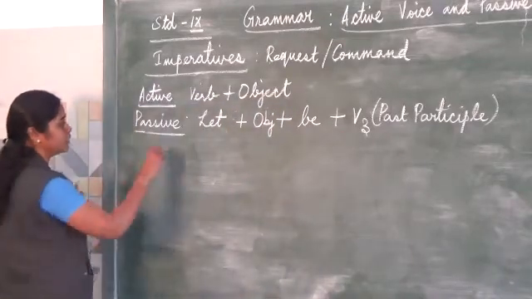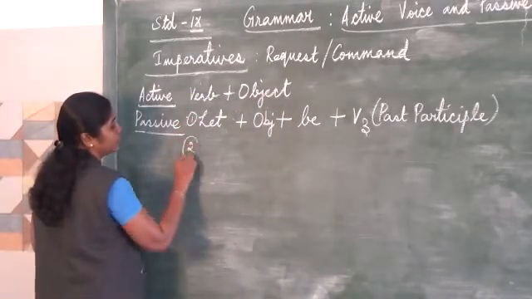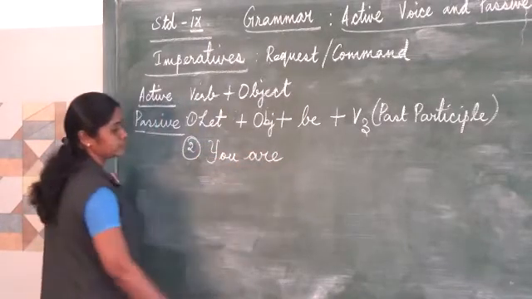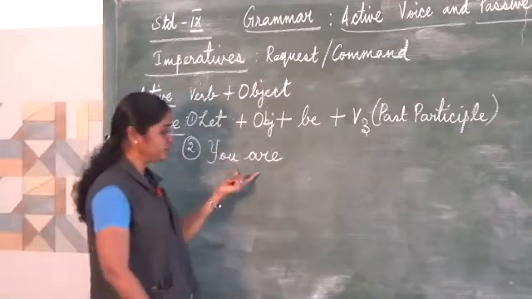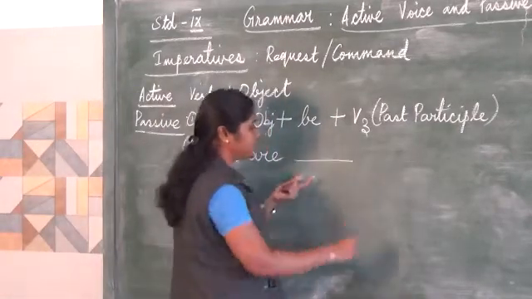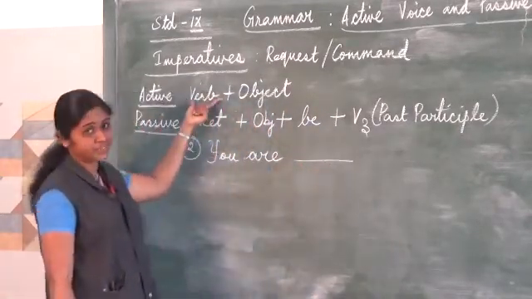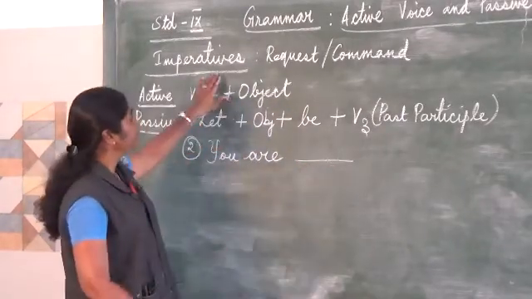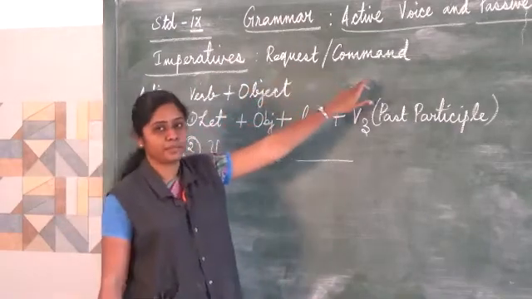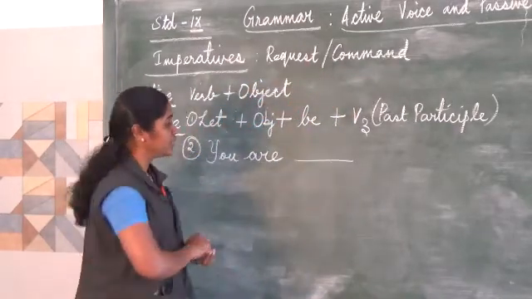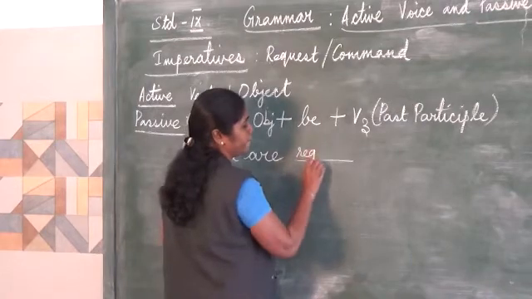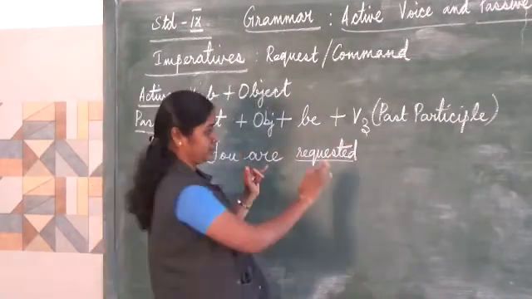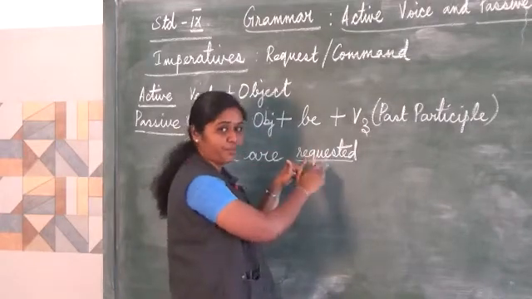The second model is, you have to start with "you are", followed by a verb here, not the verb that is given in the sentence, but a different verb. For example, I told you imperative sentences are request or command. So if it is a request, you can write it as requested.